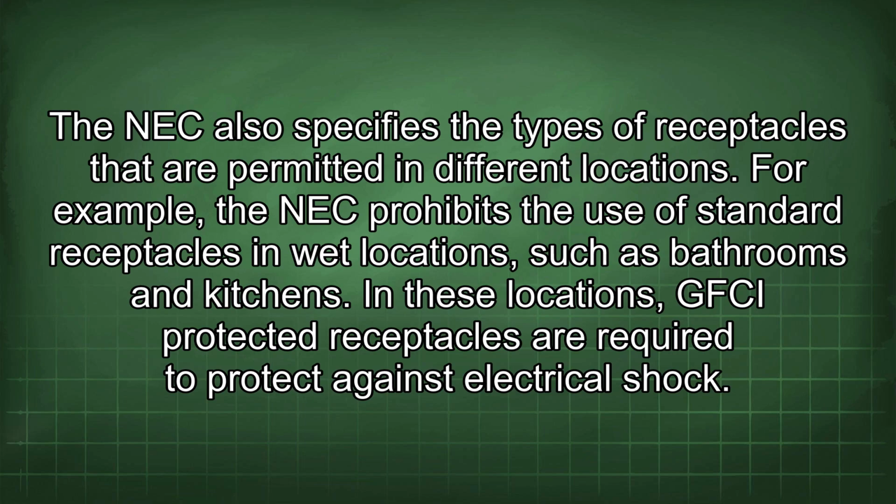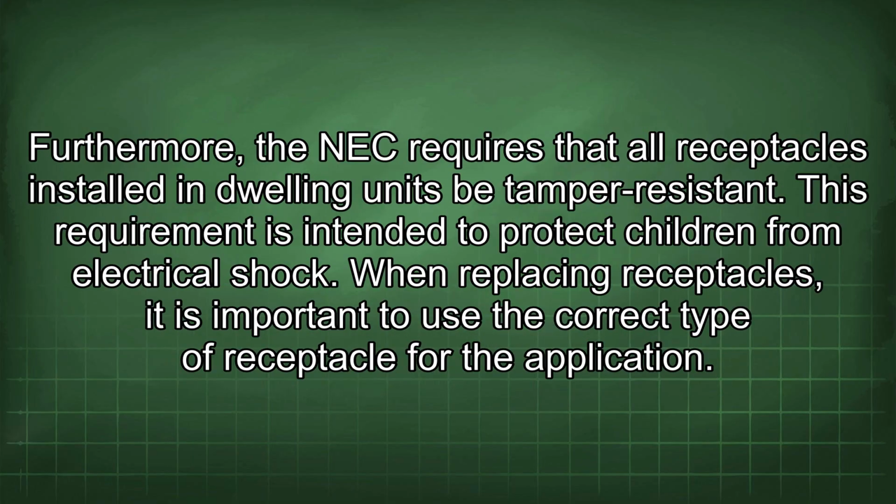For example, the NEC prohibits the use of standard receptacles in wet locations, such as bathrooms and kitchens. In these locations, GFCI-protected receptacles are required to protect against electrical shock. Furthermore, the NEC requires that all receptacles installed in dwelling units be tamper-resistant. This requirement is intended to protect children from electrical shock.